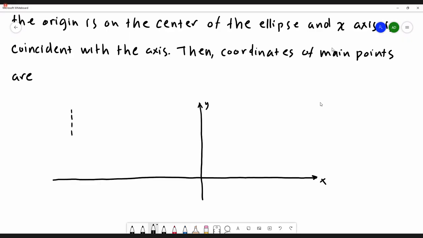The directrix, its intersection with the axis G, and we have the vertices of the ellipse.